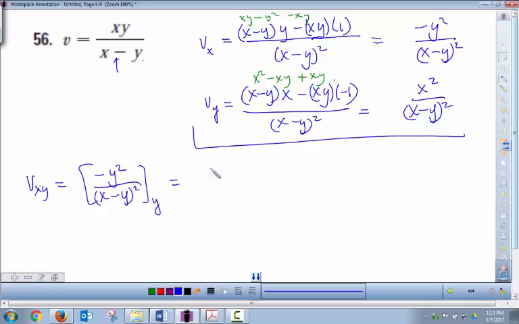So low d high minus high d low. Low d high, the derivative of this is negative 2y to the first power. I guess I can use regular parentheses. So low d high minus high d low. The derivative of low, I need brackets because I'm going to use the power rule. 2 times x minus y to the first power times the derivative of the inside with respect to y, which is negative 1.